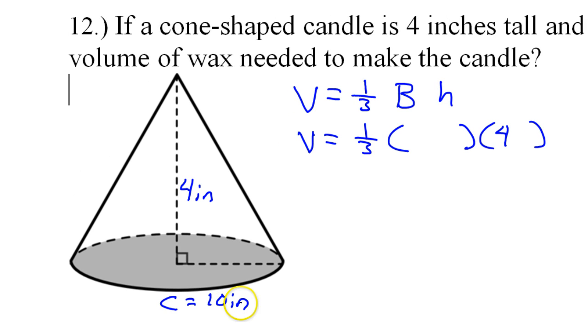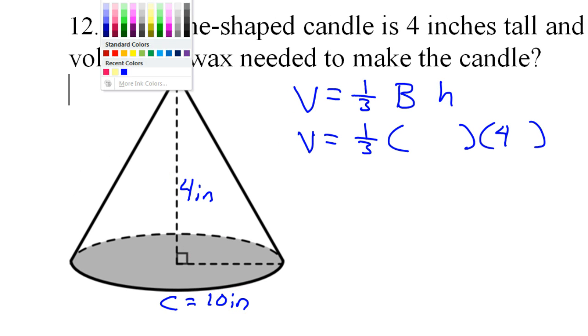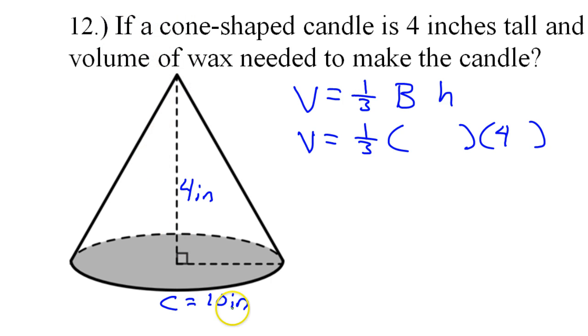So they gave us the circumference. Like I said before, if they give you something, you should go ahead and write the formula for that and see what you can do. So the formula for circumference is 2 pi times the radius.